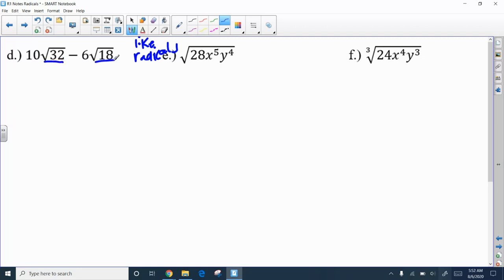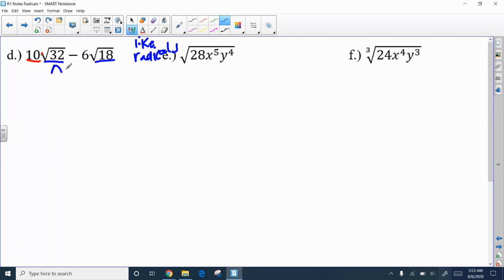We have square root of 32, square root of 18. We need like radicals to be able to combine them or add them together. So in both of these cases, I need to simplify each of these radicals. So let's start with simplifying square root of 32. Don't forget that this has a 10 in front. This means 10 times square root of 32 when the 10 is just in front.